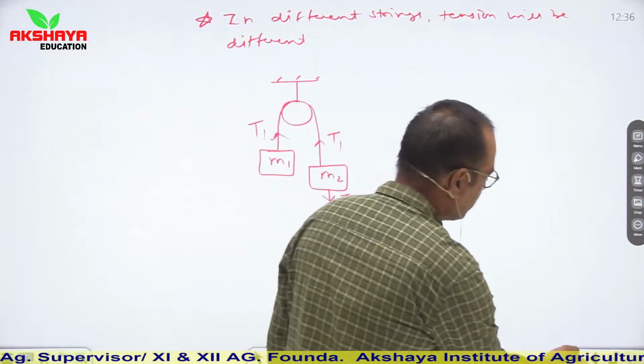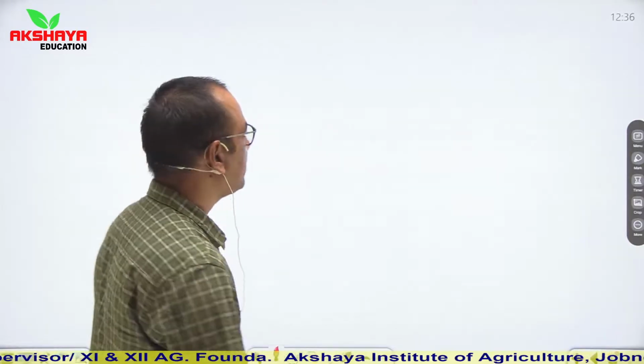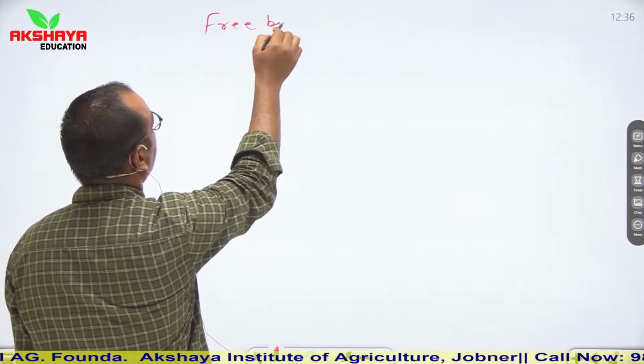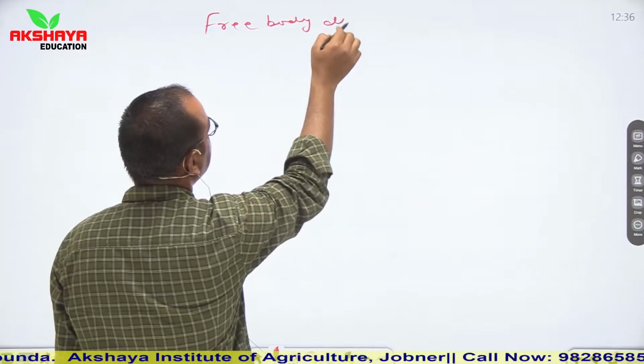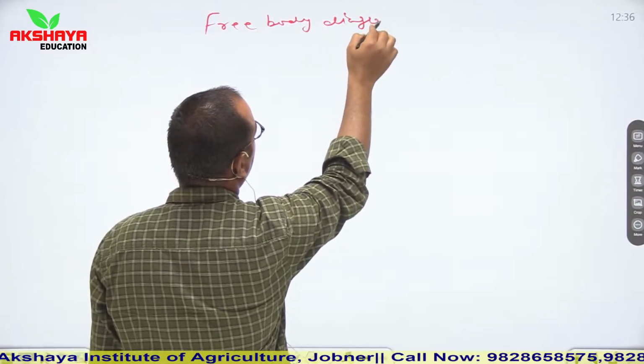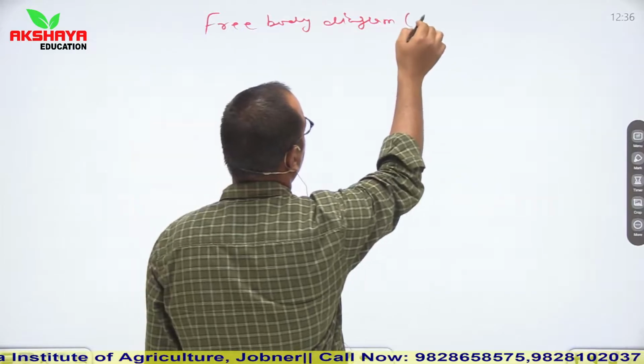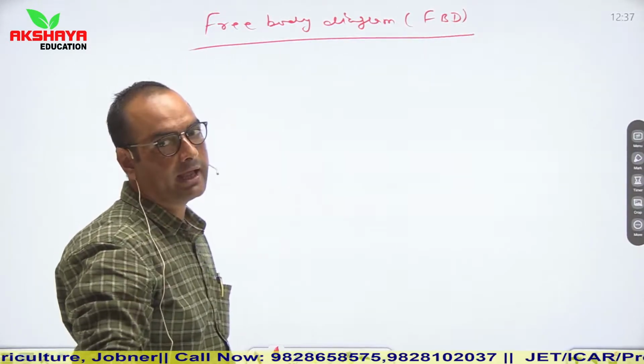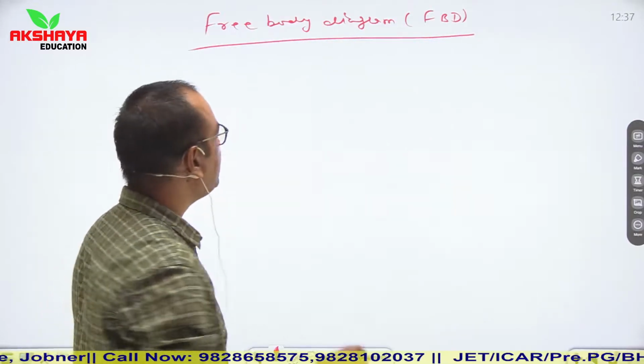Now see, how to draw a free body diagram, which is known as FBD. So how to draw FBD? What are the rules to draw FBD of any object?